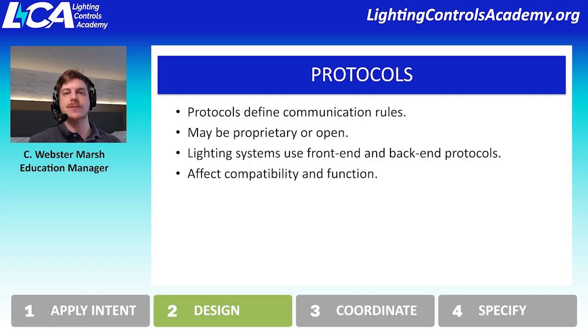It's important to confirm the compatibility and function of a protocol, because there are a lot of protocols out there that may seem similar or have the same name as another protocol, but they actually don't work together. Bluetooth is an example of a protocol that deserves a little bit of care and attention when specifying, because a Bluetooth system might employ Bluetooth NLC, which is an open standard for networked lighting controls.